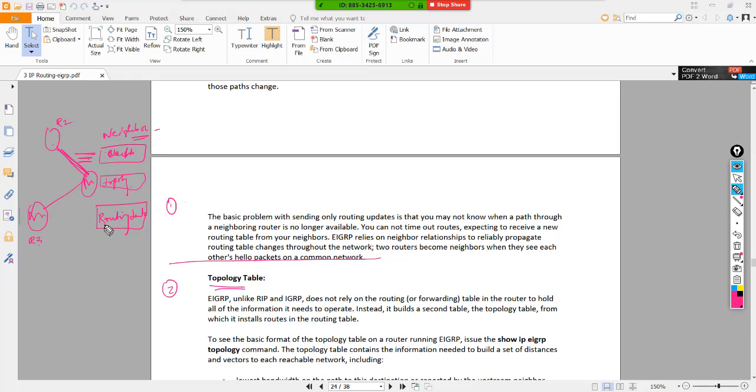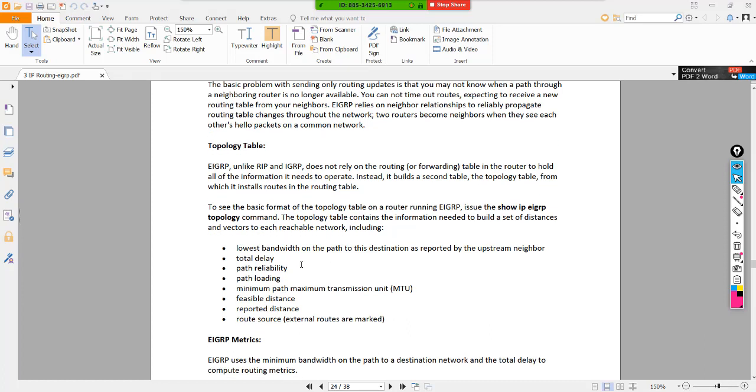The routing table will contain only the best path. Then what is the topology table going to consist of? It's going to consist of all your backup paths, so in case the best path goes down, your backup can come over and start its work. Okay, so let's see what the topology table is.